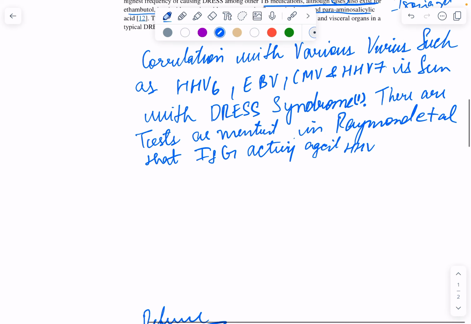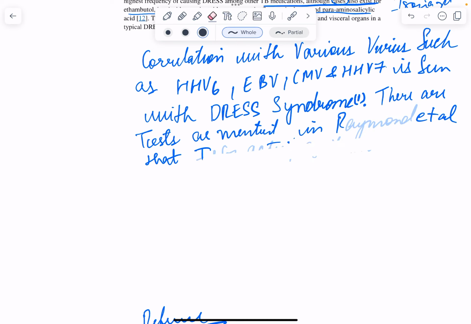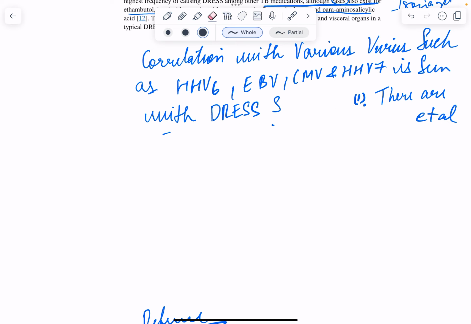So say that, for IgG acting against HHV, you can remove the sentence because you try to write something more significant.